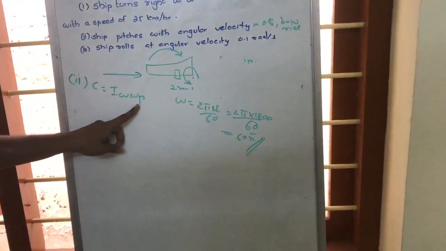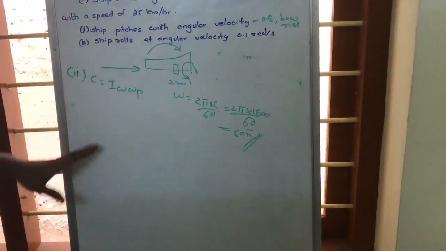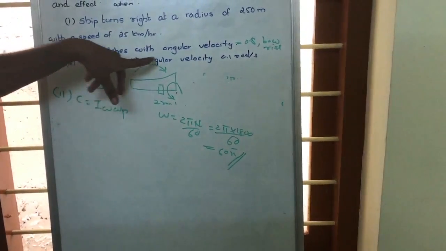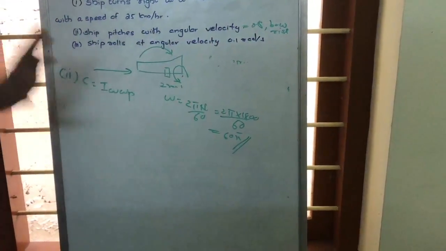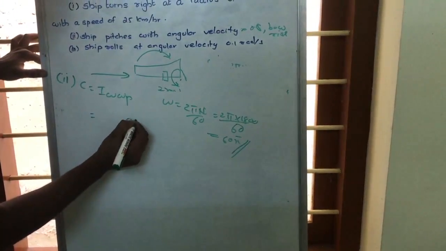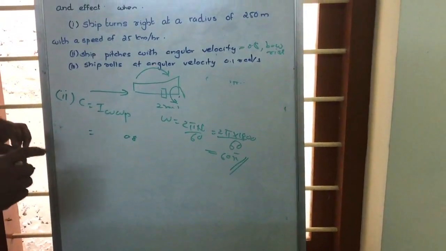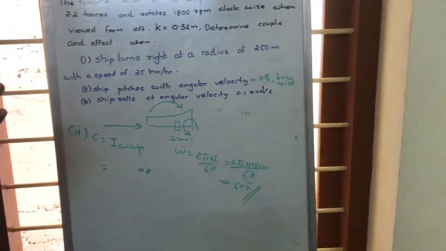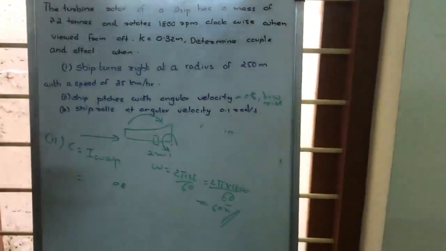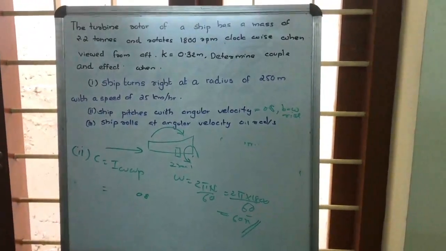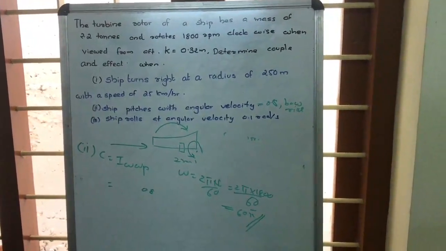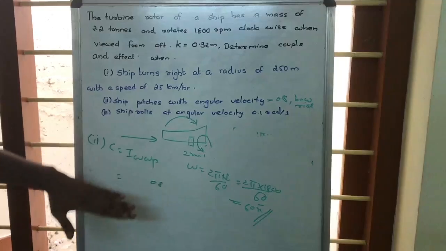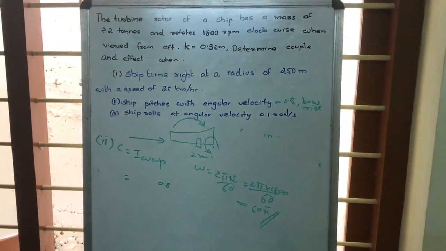There is no change, but omega p will be different, and it is directly given in the question. Ship pitches with angular velocity 0.8, so directly we can substitute that omega p. Here we do not go for omega p equal to v by r. V by r is substituted only when the ship is steering or turning left or right. Here omega p is given directly. So by that we can find this gyroscopic couple.